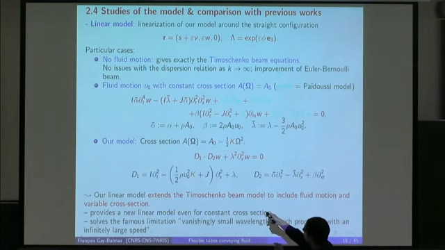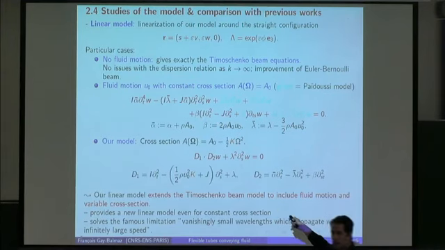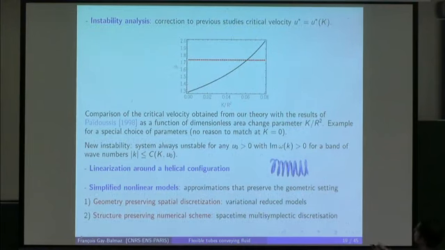It's the undeformed one, but modified by the omega variables, right? So for this K, the larger it is, the larger the impact of the cross-sectional deformation. And you see here, we computed the critical velocity according to the value of K. As K increases, of course, this critical velocity changes.